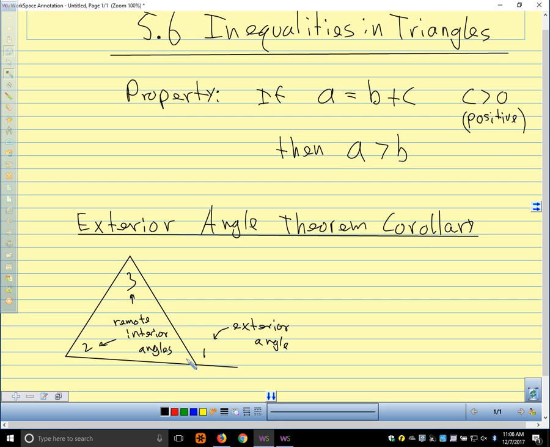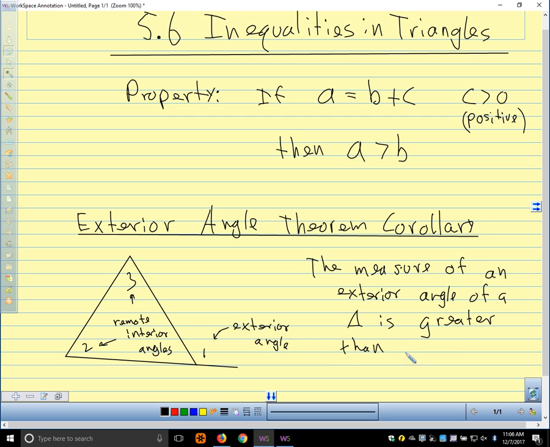Well, what our corollary is going to say is the measure of an exterior angle of a triangle is greater than either remote interior angle.